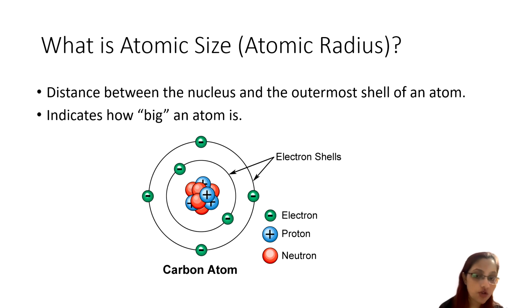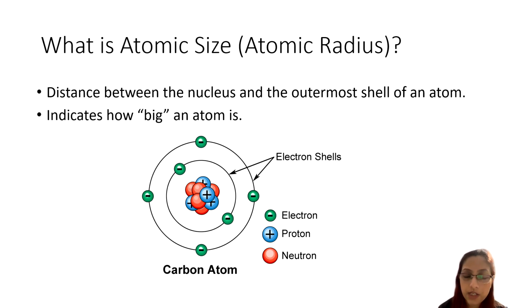Now, since we cannot directly measure the boundaries of an atom because electrons move in clouds, Heisenberg's uncertainty principle, so we use indirect methods. The most common way is measuring the distance between the two nuclei of two bonded atoms and taking half of that distance.